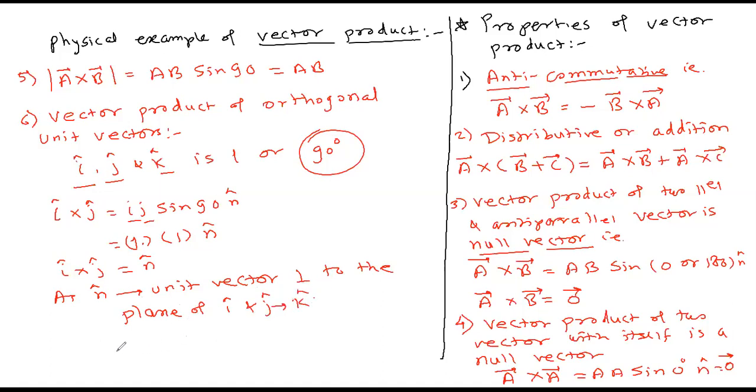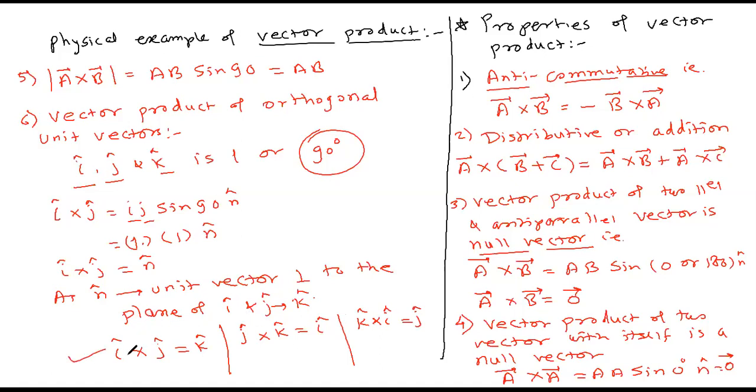So I can write i cap cross j cap is equal to k cap. Similarly, j cap cross k cap is equal to i cap, and k cap cross i cap is equal to j cap. These are very important relations.